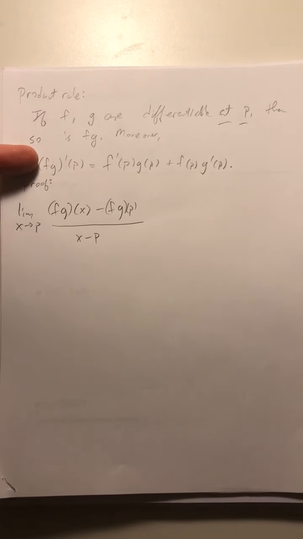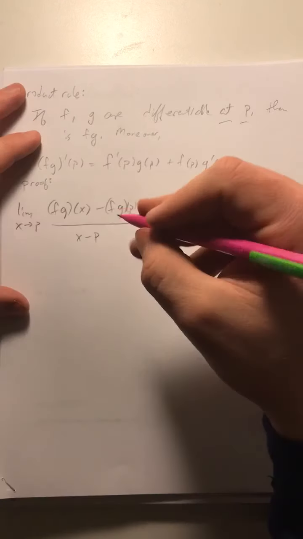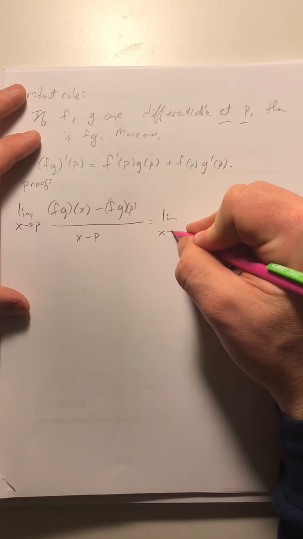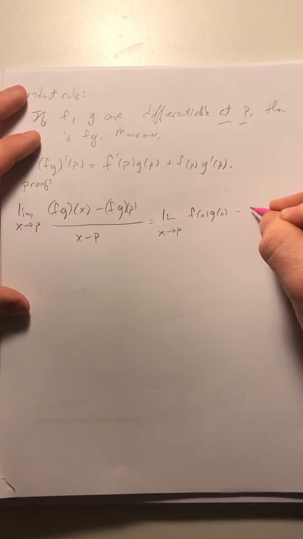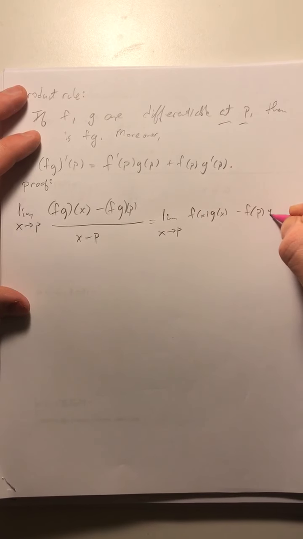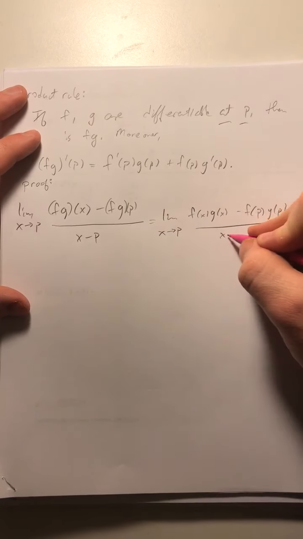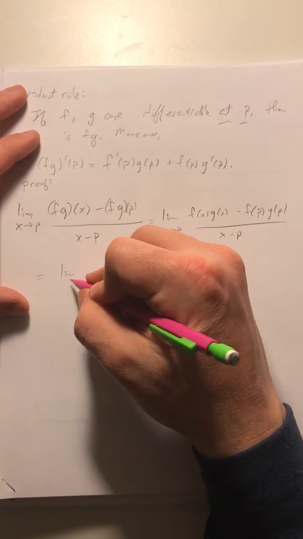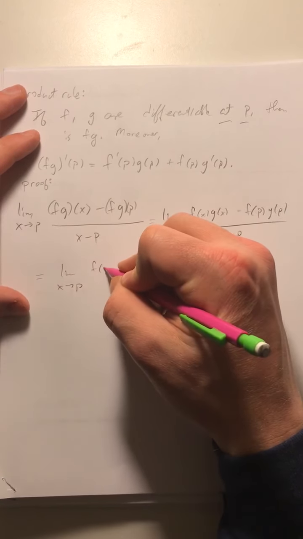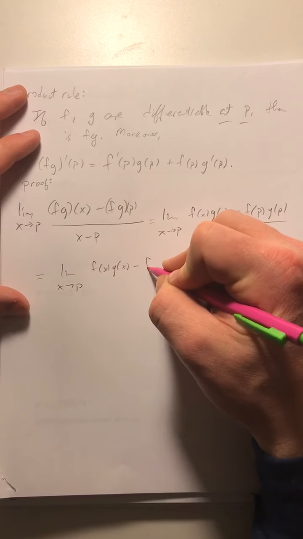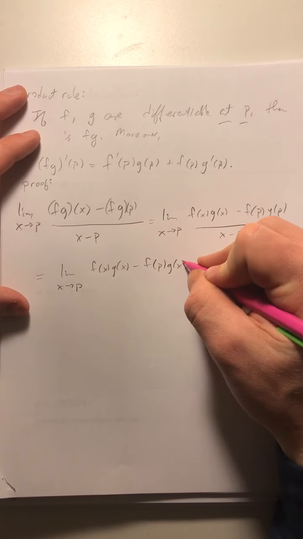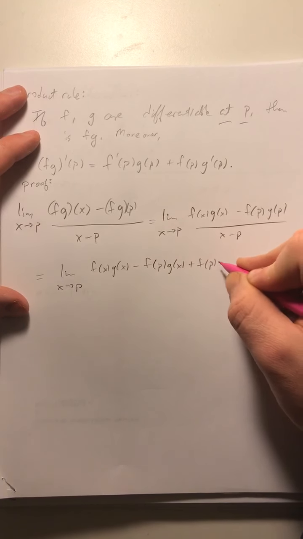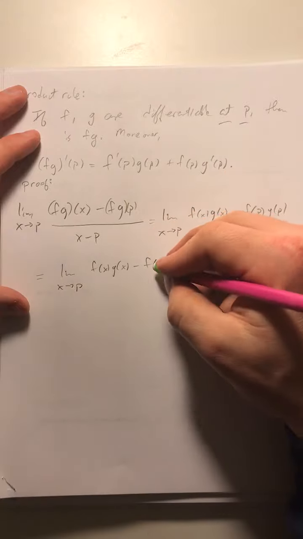If I want to show that f times g is differentiable, I want to show that this limit exists. Okay? So this is equal to the limit, just by definition, of f of x g of x minus f of p g of p, over x minus p. Now I'm going to do a pretty common trick here.